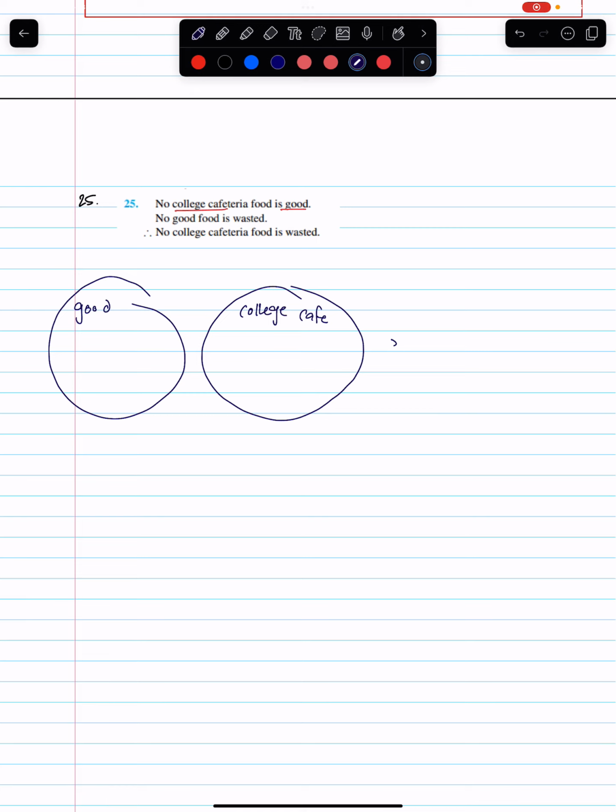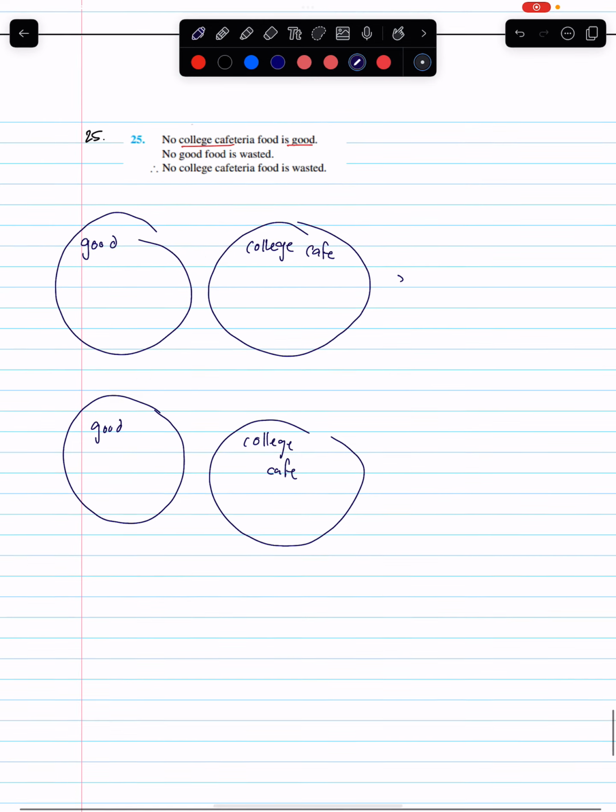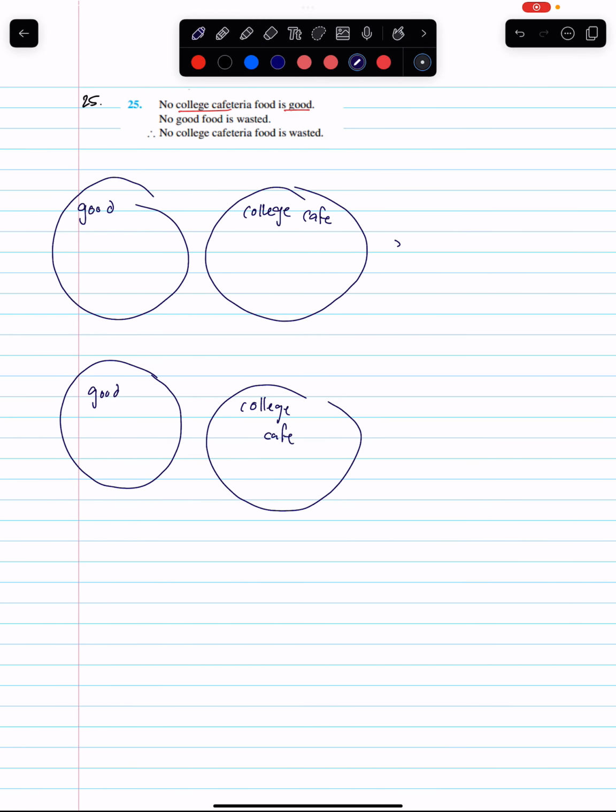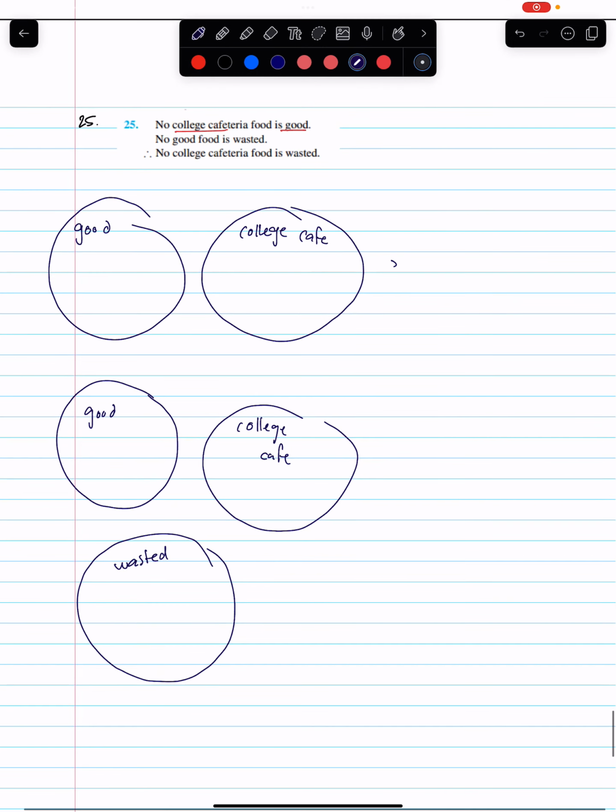What does that mean? That means you have good food. You have college cafe food. And all we know is that wasted is not within good, right? We're not given any other information. All we know is that all good food is not wasted.